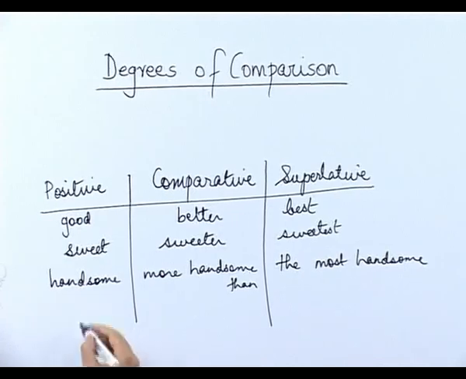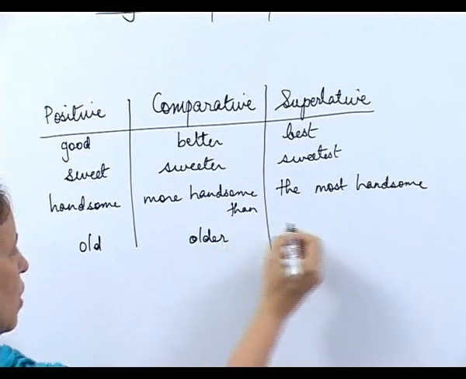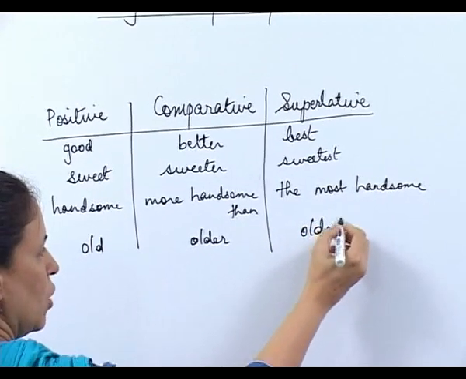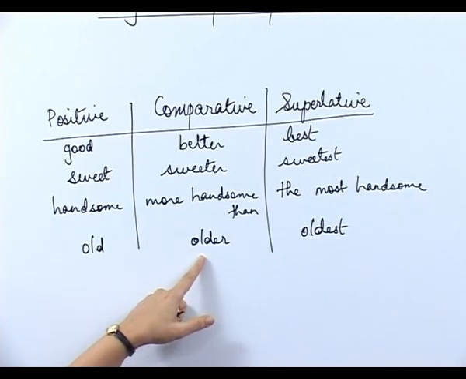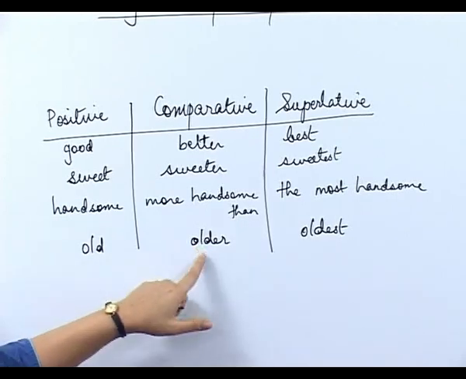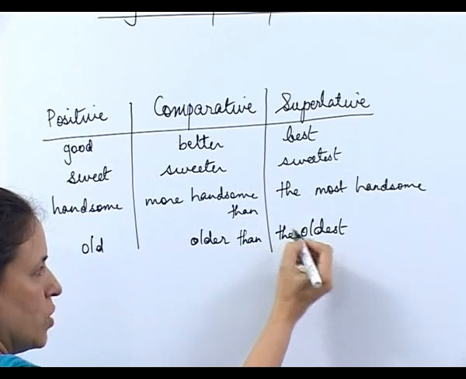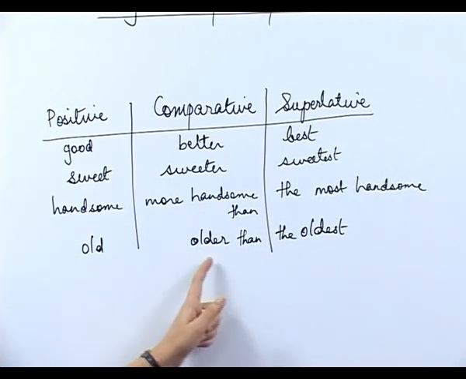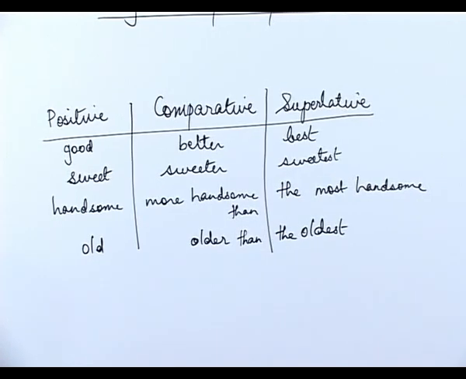Even when it has to be done in columns, sometimes some words do pose a problem. For example, old, older, oldest. You might wonder, what is the problem here? No problem at all. But some people don't understand the difference between older and elder, oldest and eldest. When you use older than and the oldest, you're comparing 2 people here, and here you're saying someone is the oldest among many.